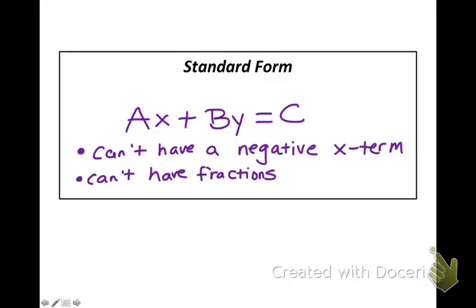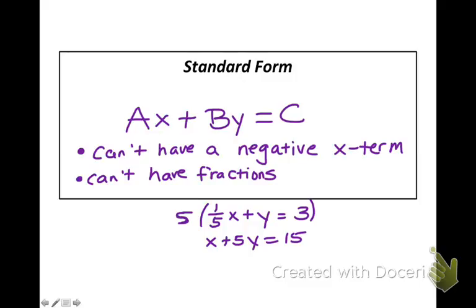So if I had something like this, if I had 1/5 x plus y equals 3, what number could I multiply everything by to get rid of the fraction? Yeah, 5. X plus 5y equals 15 would get you there. Okay, so that's the thing with standard form. You can't have a negative x term, and you can't have fractions.